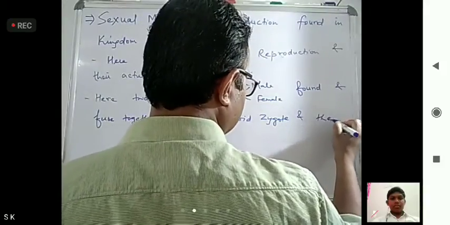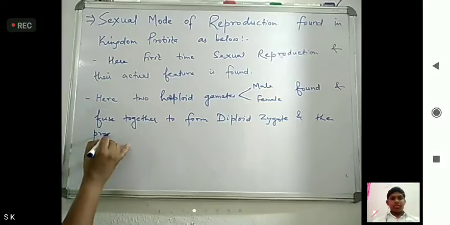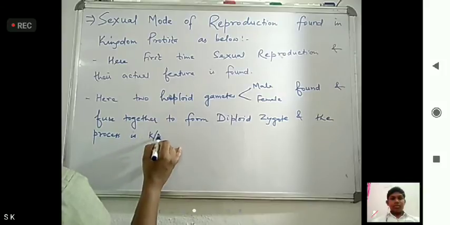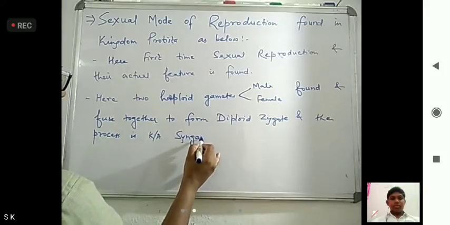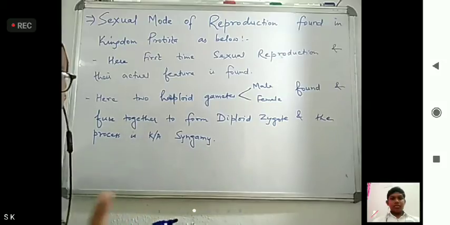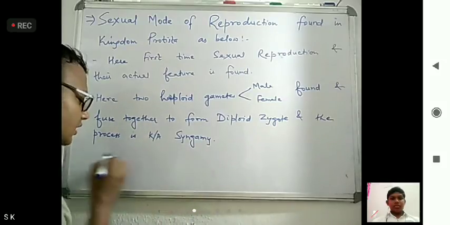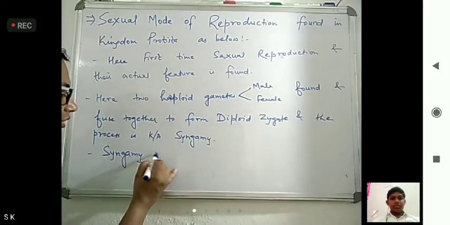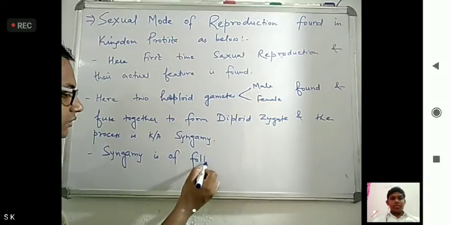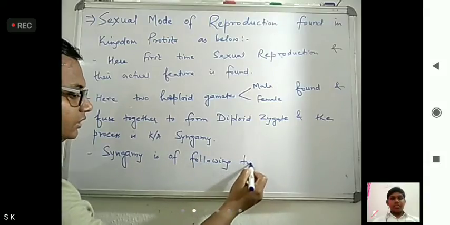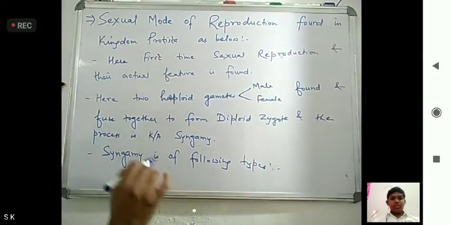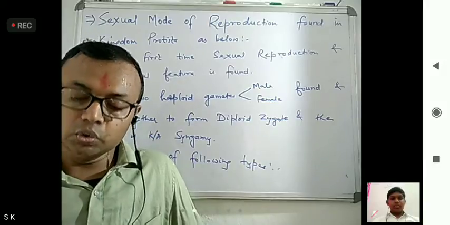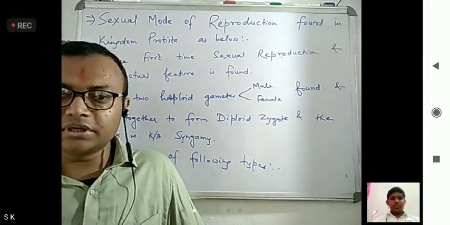And the process is known as syngamy. The process is known as what? Syngamy. Now here, this syngamy is of the following types. What are the types? Isogamy, anisogamy, oogamy.